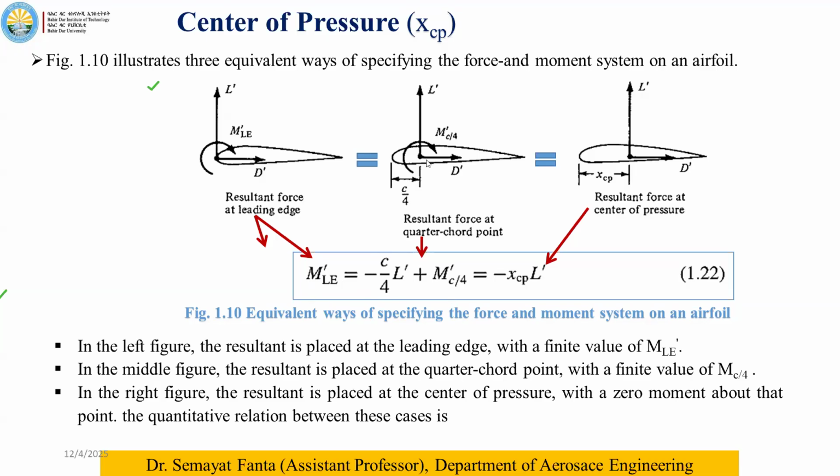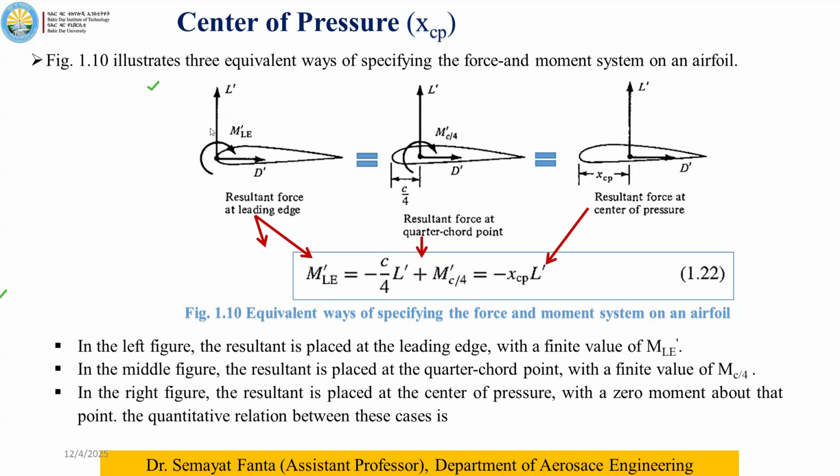The second is where the moment is acting at the quarter chord point. C over 4 means quarter chord point. The moment about the quarter chord point is there, and the lift also is there.